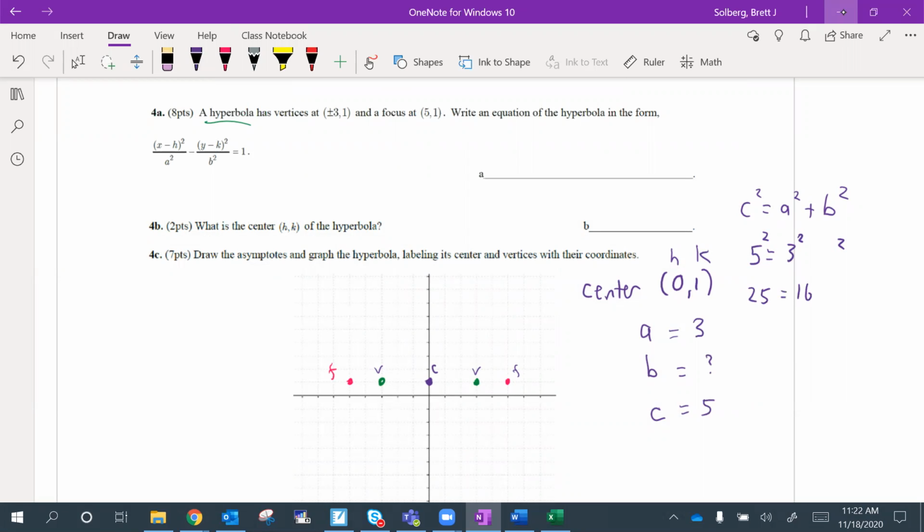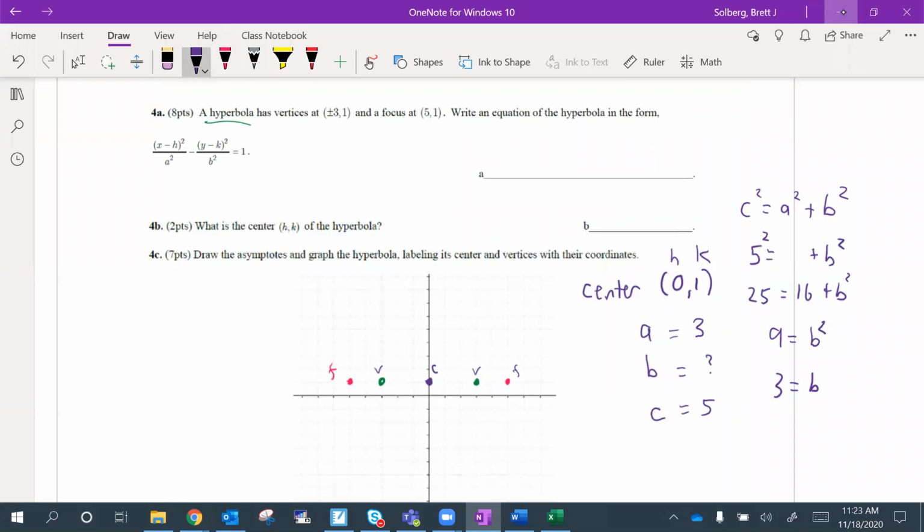Let me erase that. So if I subtract 16, I get 9 is equal to b squared. So that gives me b is 3. Wait, I'm confused where 16 came from. Oh, wait. You're right. I'm doing this backwards. So hold on real quick.